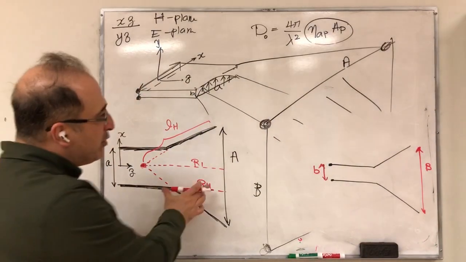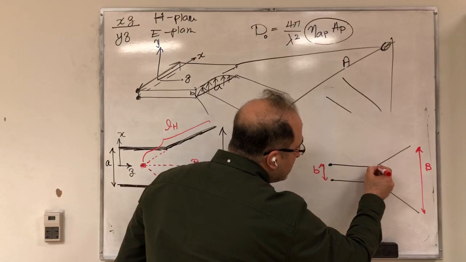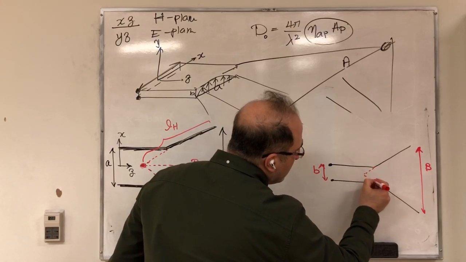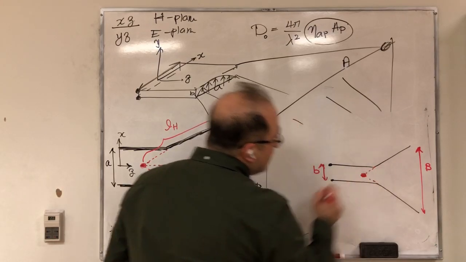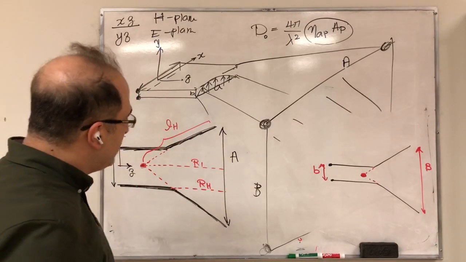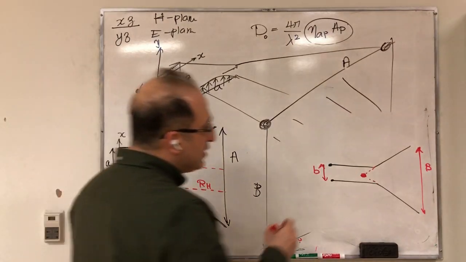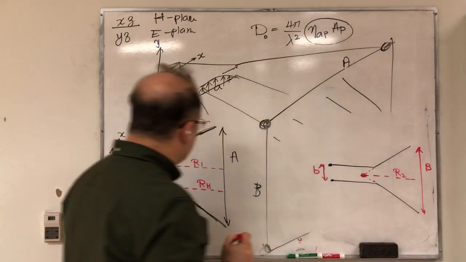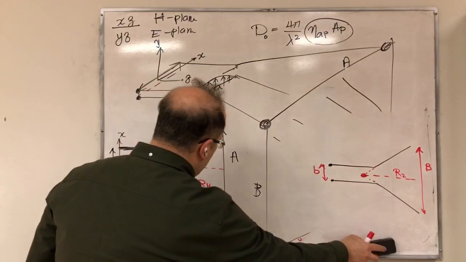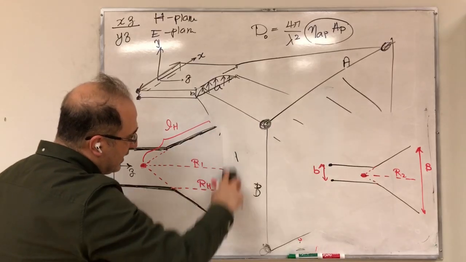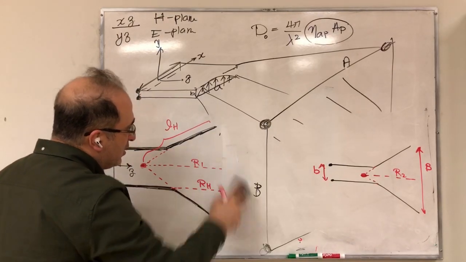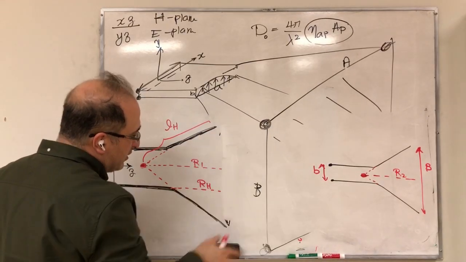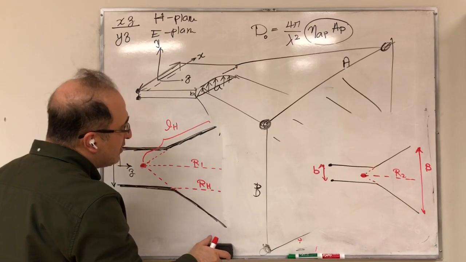And then similar to that, I can continue these two lines, and they're going to intersect here. This is what I called R1. Similarly, I'm going to call this R2. To be more accurate, this is exactly at the aperture, so I should probably plot it a little bit better.